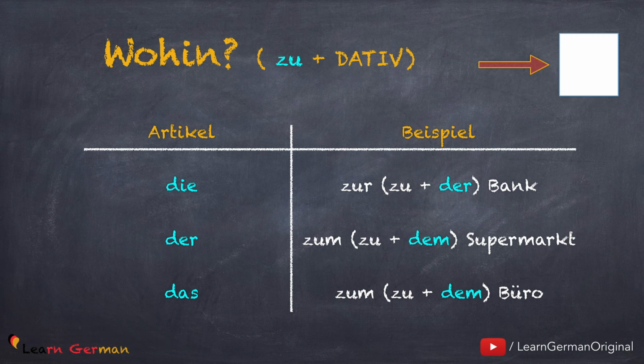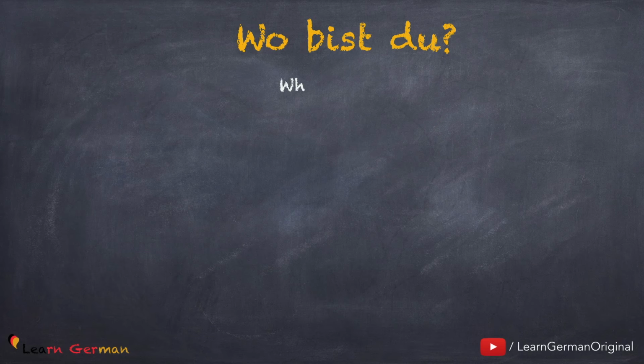I would like to give you a tip here. Make a list of various buildings, write their articles, and then write down their prepositions with wo and wohin. Go through the list once or twice or maybe thrice or maybe more. And soon you'll remember when to use which preposition. And there is one exception in your list.